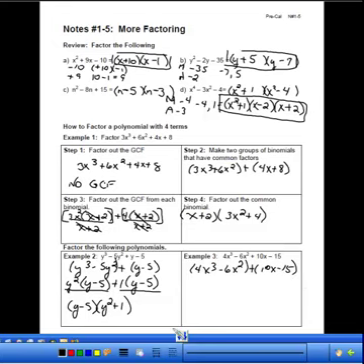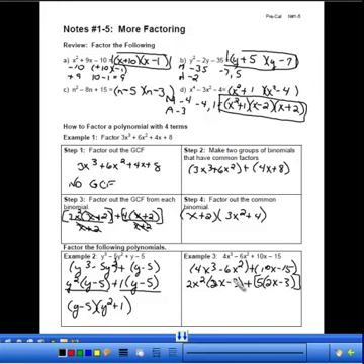Okay, that's your second group. Alright, the common factor here is going to be 2x squared. And that leaves us with 2x minus 3. Plus, we're going to factor out a 5 from this second group, and that leaves us with 2x minus 3.